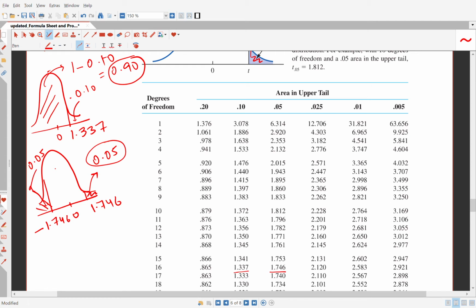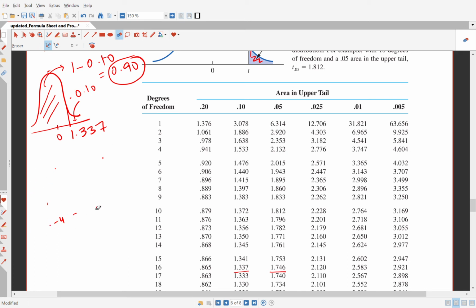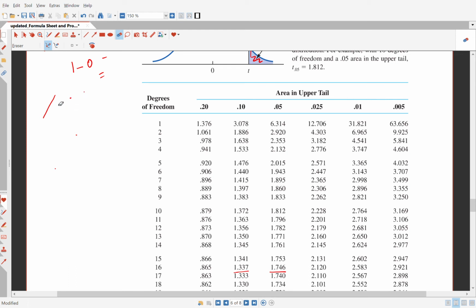Okay, part D, to the right of 2.583. Let me erase this so I have more space to work here. Part D says to the right of 2.583.